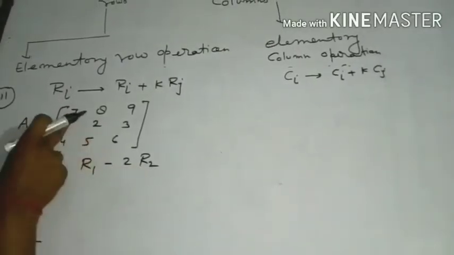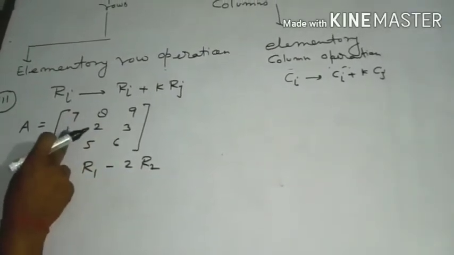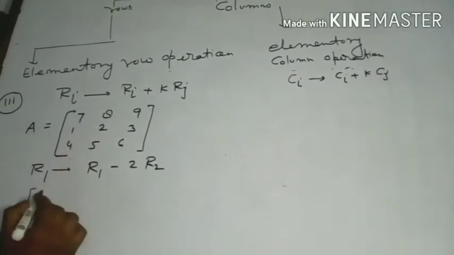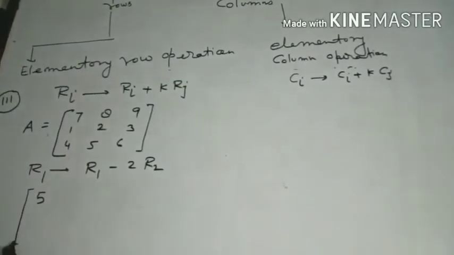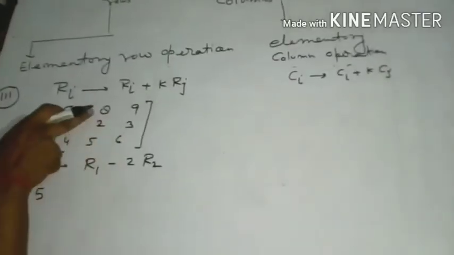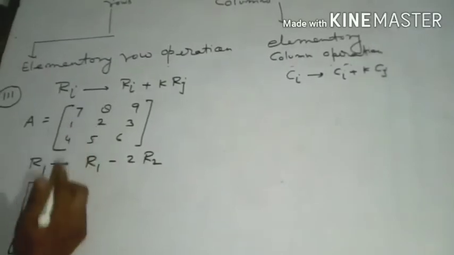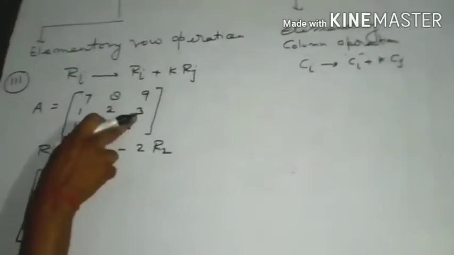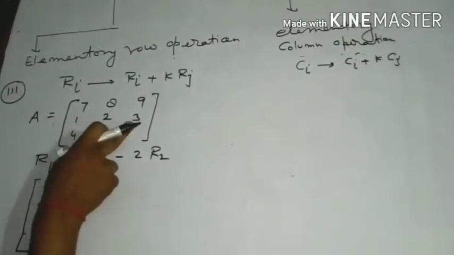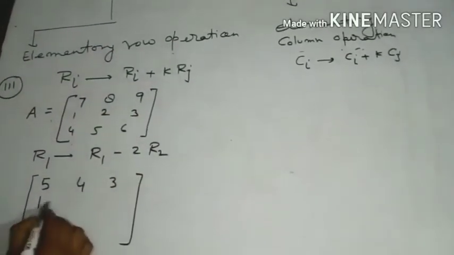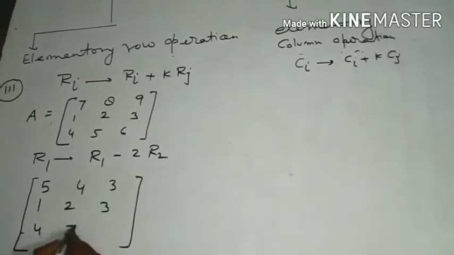R1 means 7, and 7 minus 2 gives 5. Then 8 minus 2 times 2, which is 4, gives 4, and then 9 minus 2 into 3, which is 6, gives 3, and here 1, 2, 3, and 4, 5, 6.